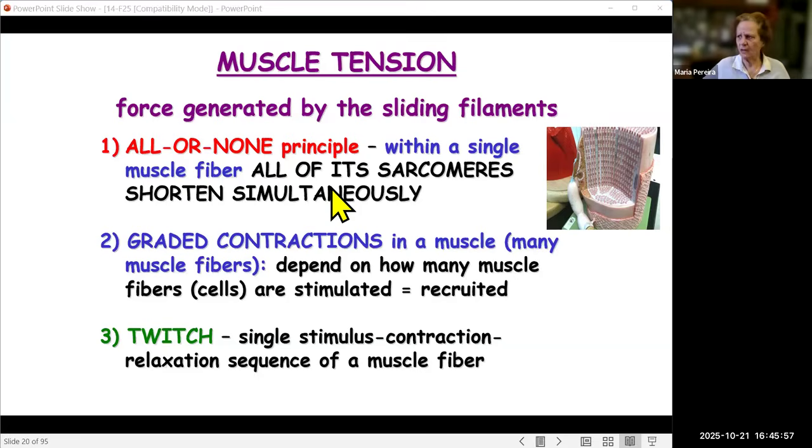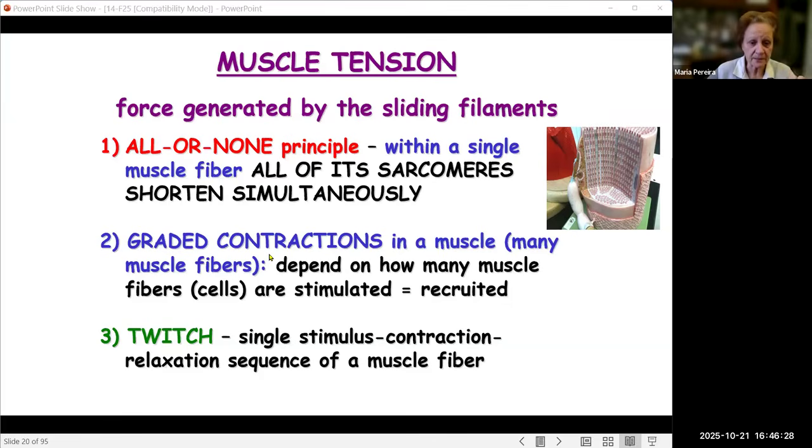Okay, so you could say, well, if that's true, how can you have a movement that is so graded, right? So this is a movement that is not all or none, right? If it were all or none, it would be muscle contract, muscle relax. No, but you can cause the movement of the muscle in a graded manner. So how is this possible? How can you have graded contractions?